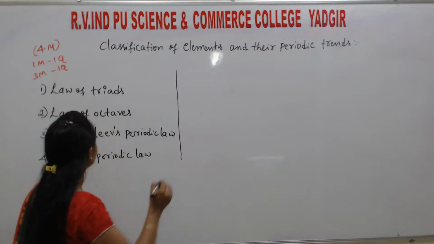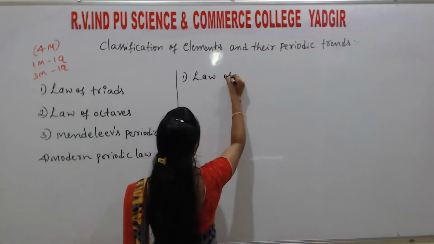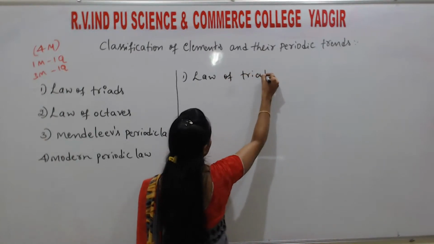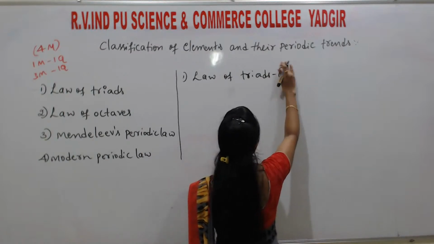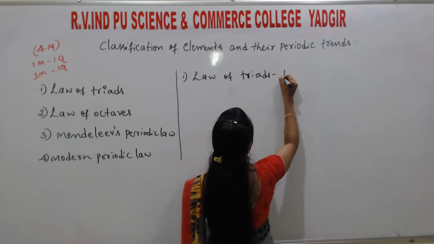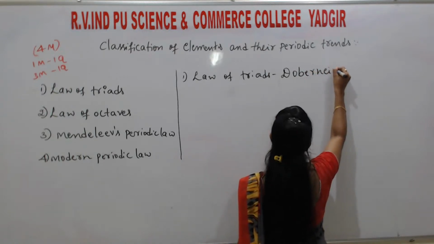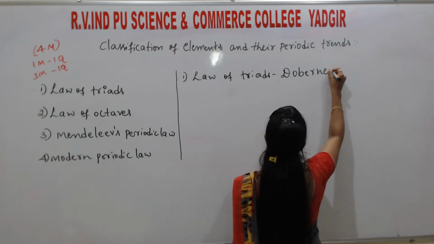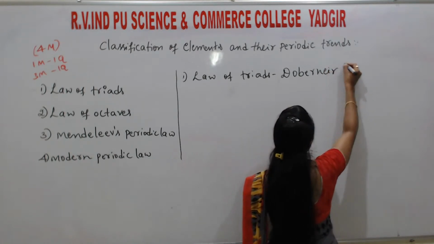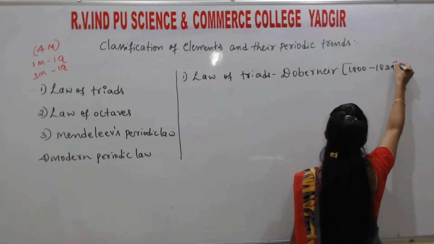Law of triads. This is explained by the scientist Döbereiner in the year 1800 to 1829.